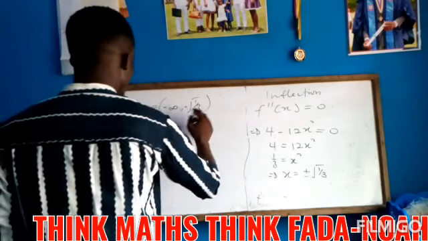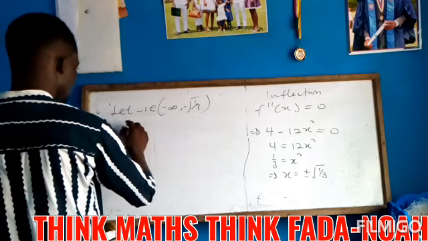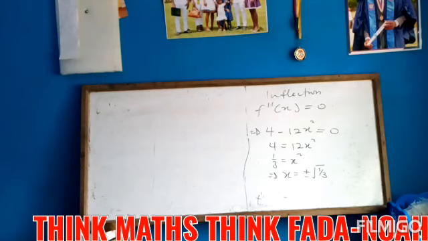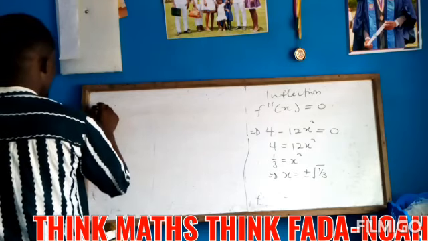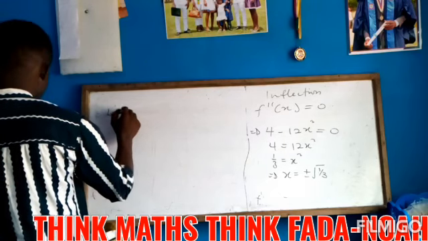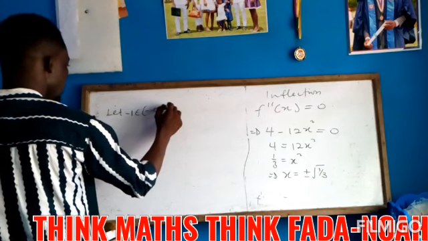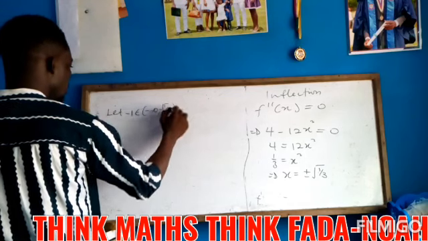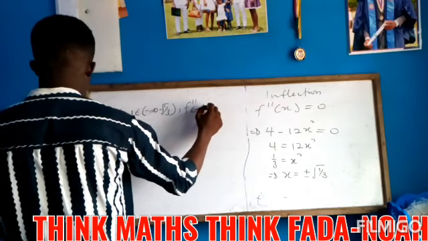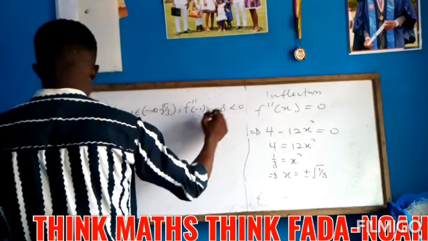So let minus 1 belong to minus infinity to minus root 1 over 3. So f prime prime of minus 1 is equal to minus 8, and this is less than 0.